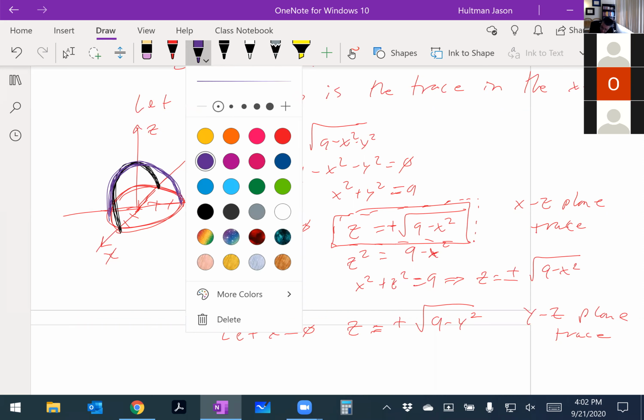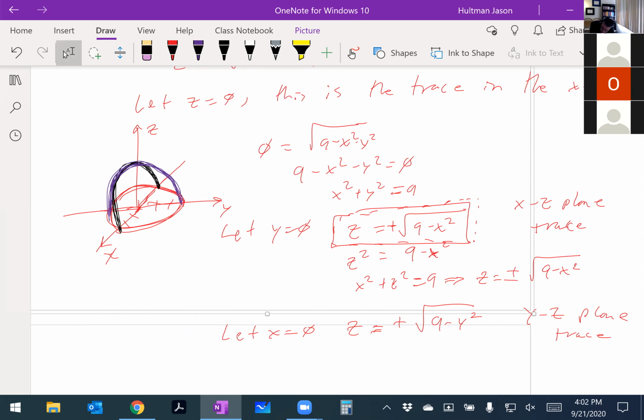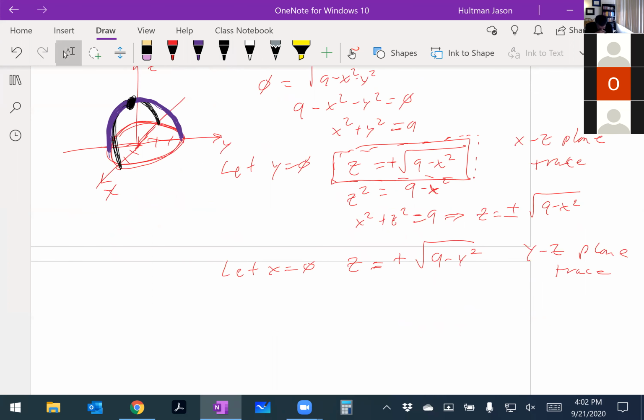I don't know if you can see that real clearly. And so we've got this meeting point at the top here. That's another half circle. So we're getting this kind of dome shape, this half dome.